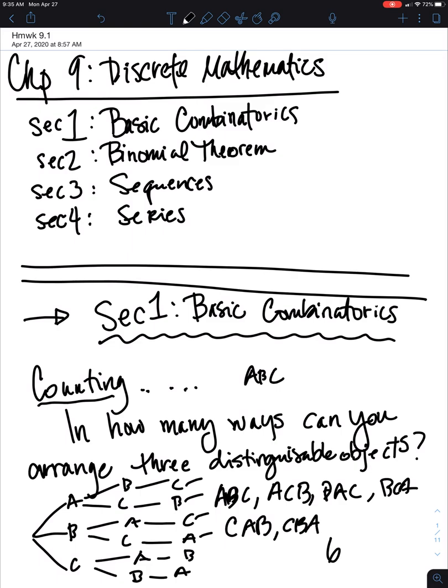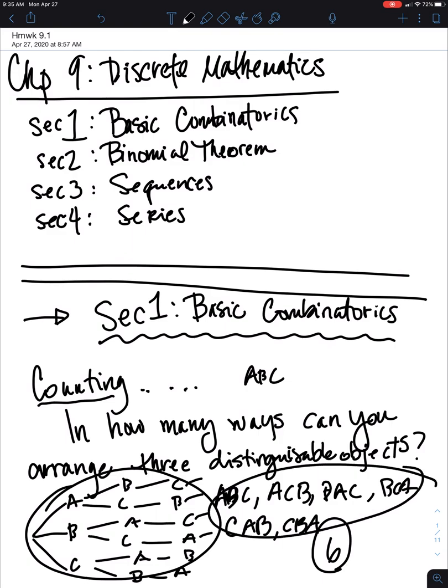So there's 6 ways to arrange 3 distinguishable objects. That's called counting. Of course, you wouldn't want to do that when it gets larger. Let's say we had 5. Making a tree diagram or sitting and counting a bunch of them can be kind of tedious, right?